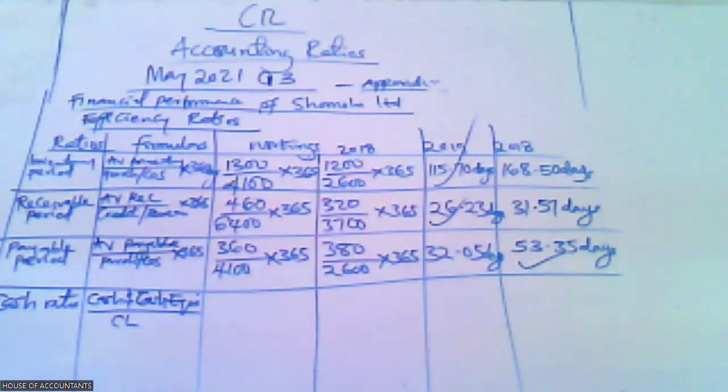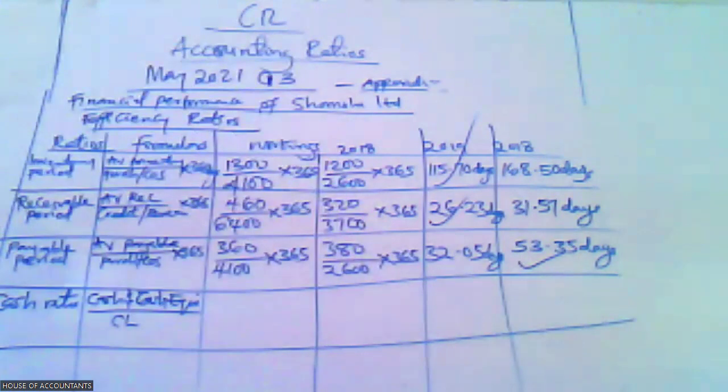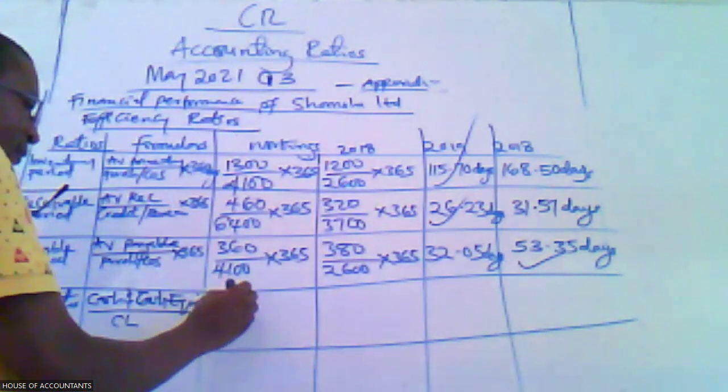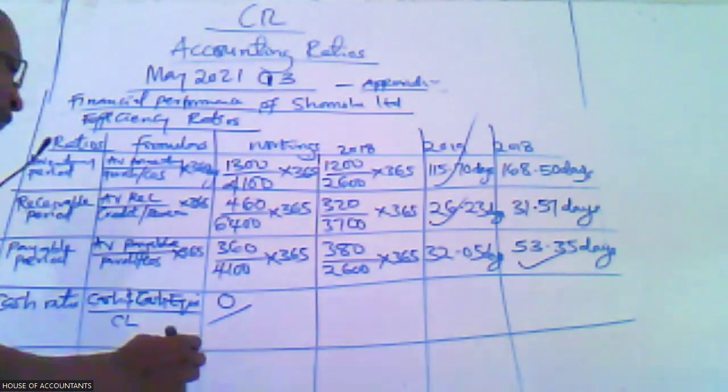People of God, what is our cash and cash equivalent in 2019? So what is our current liability? 460.